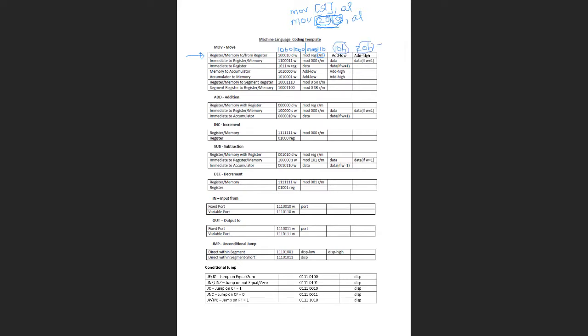So what will it be in hexadecimal? 1000 means 8, and then again 1000, it is 8.